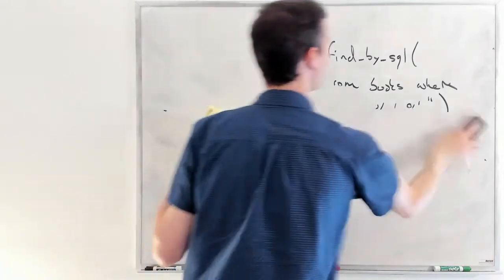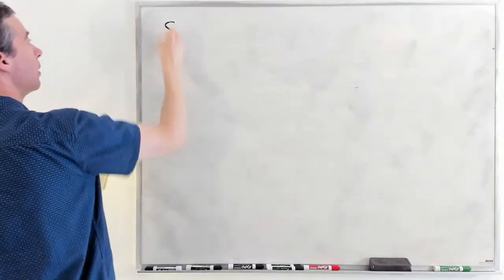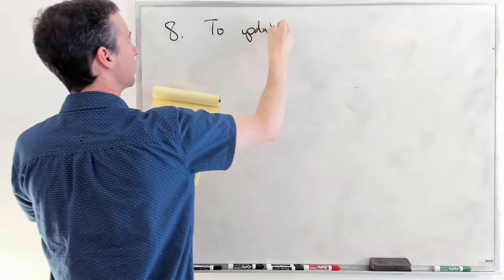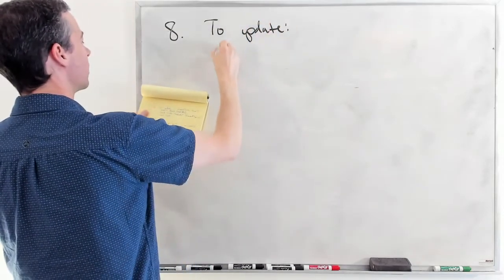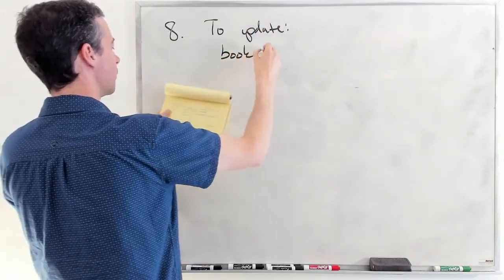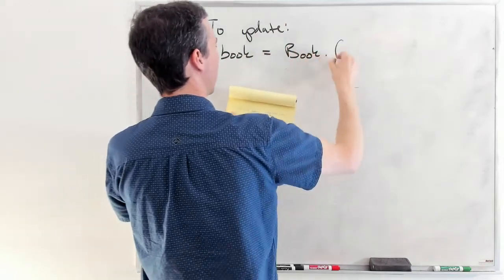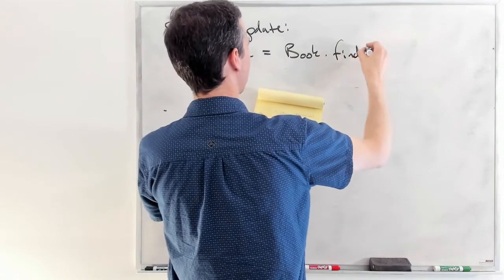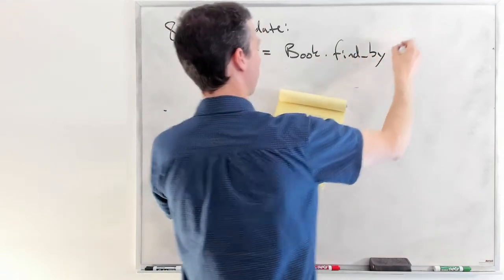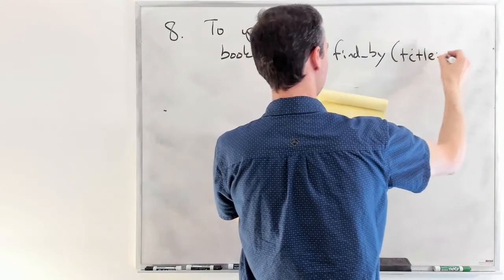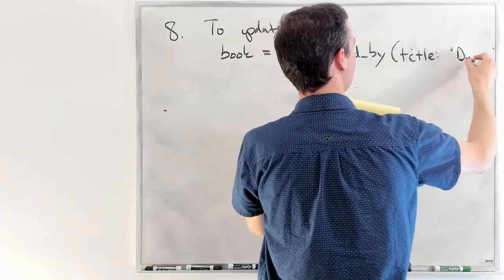We can also do updates. Absolutely, we're doing all the operations today. To update, let's say we get ourselves a book and we do a book.find_by. We specify we want the book with the title Dune.